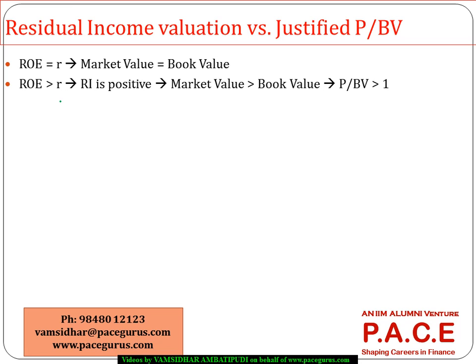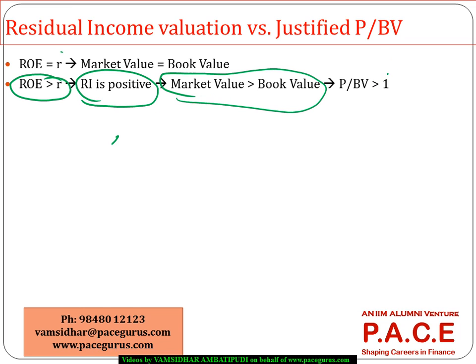See, the simple logic we are looking at is, as long as the ROE is greater than R, the residual income is positive, which will result in market value being greater than the book value, and the ratio of price to book value will be greater than 1. Otherwise, the market value has to match the book value itself. So this is a simple analysis that we will do by comparing the return on equity with the investor's required rate of return.